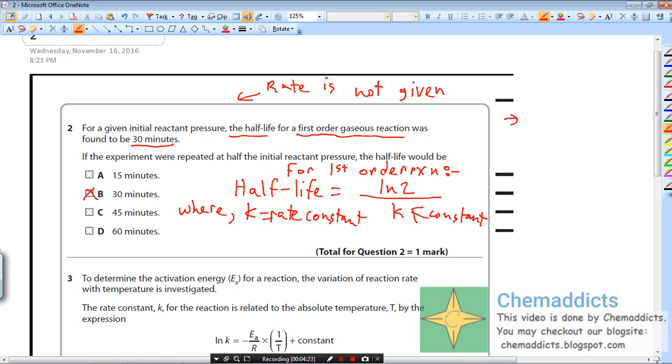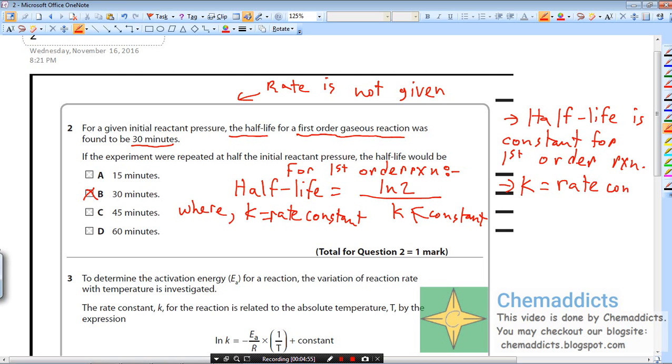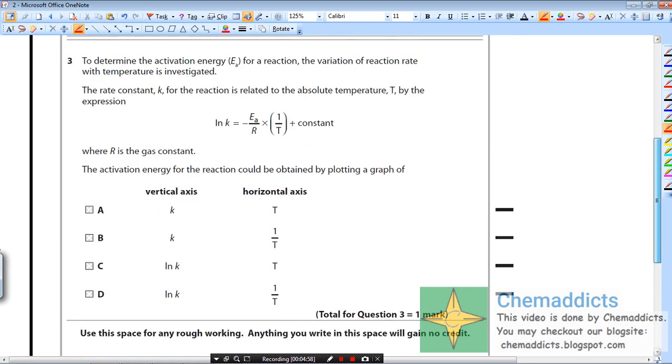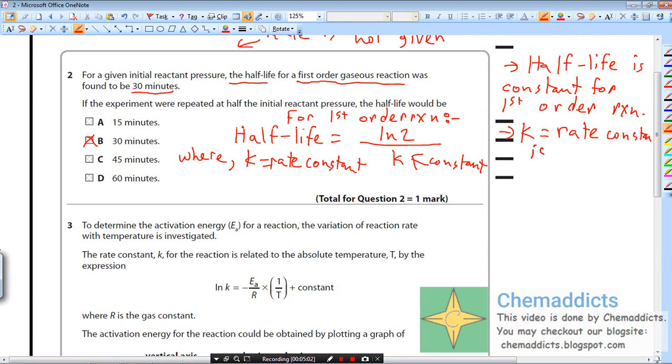Here are some points that you need to know: the half-life is constant for a first order reaction, and k, the rate constant, is also constant for a first order reaction.